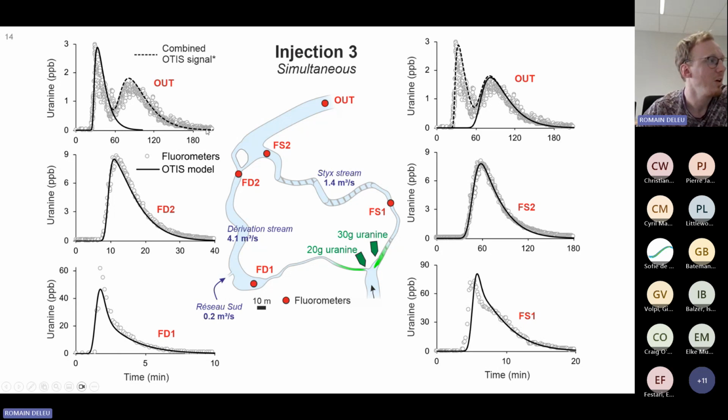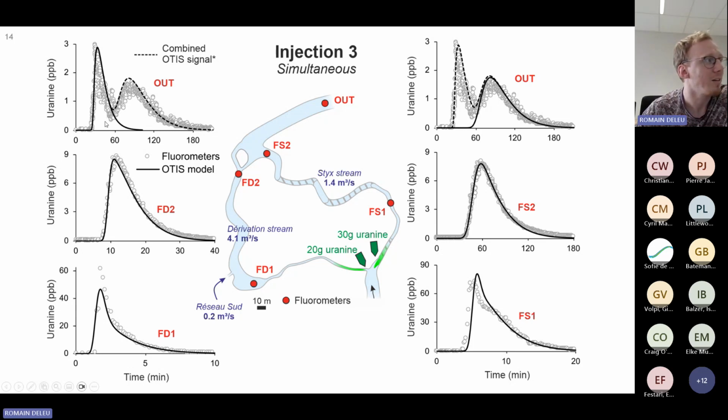This is because the first peak is coming from the derivation stream, which is much faster, and the second peak is from the stick stream, which takes much more time to arrive. The Otis model is the line, and on the left side of the figure, this is the curve from the derivation from the model.